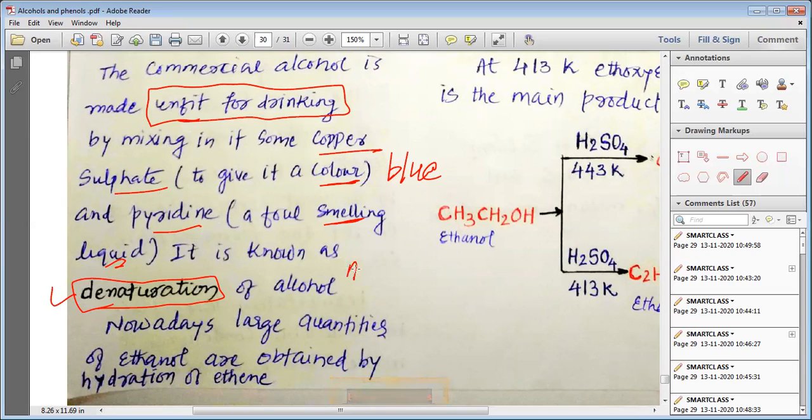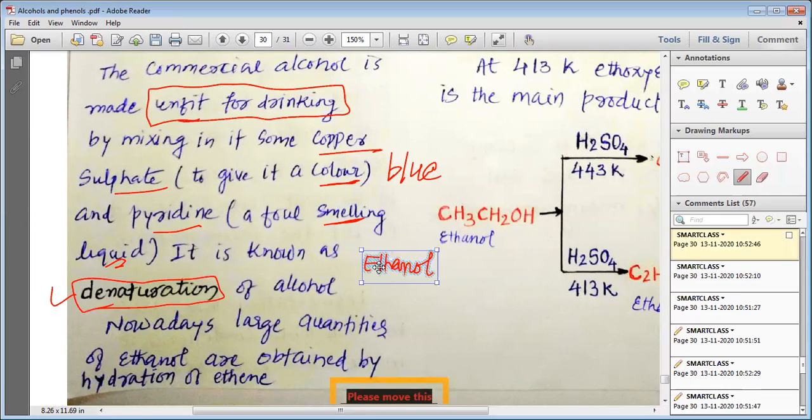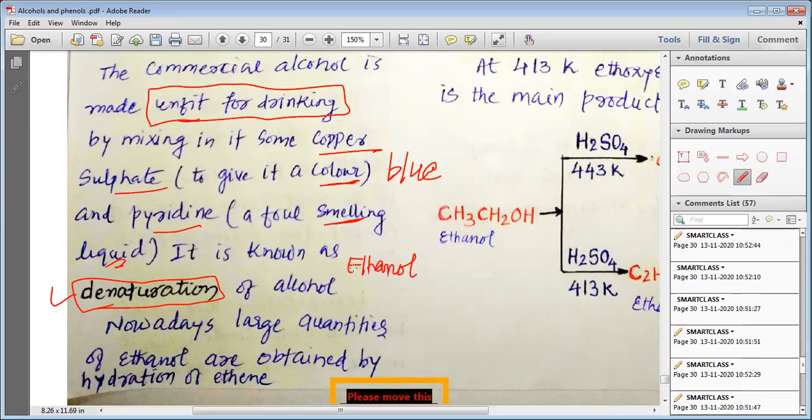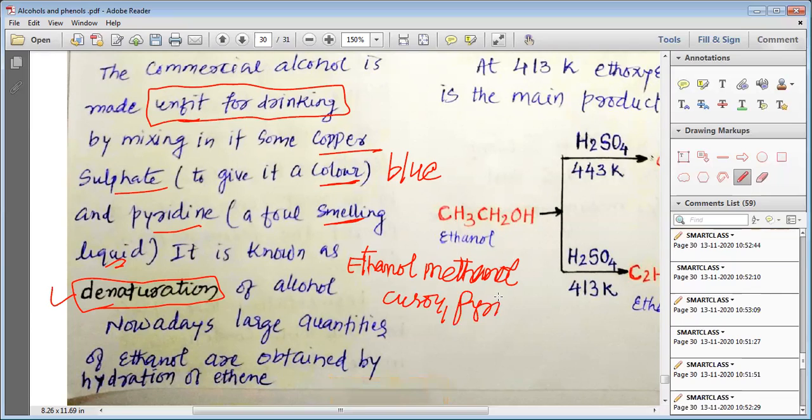See, alcohol, that is what we have: ethanol, then we have methanol, then copper sulfate, then pyridine.